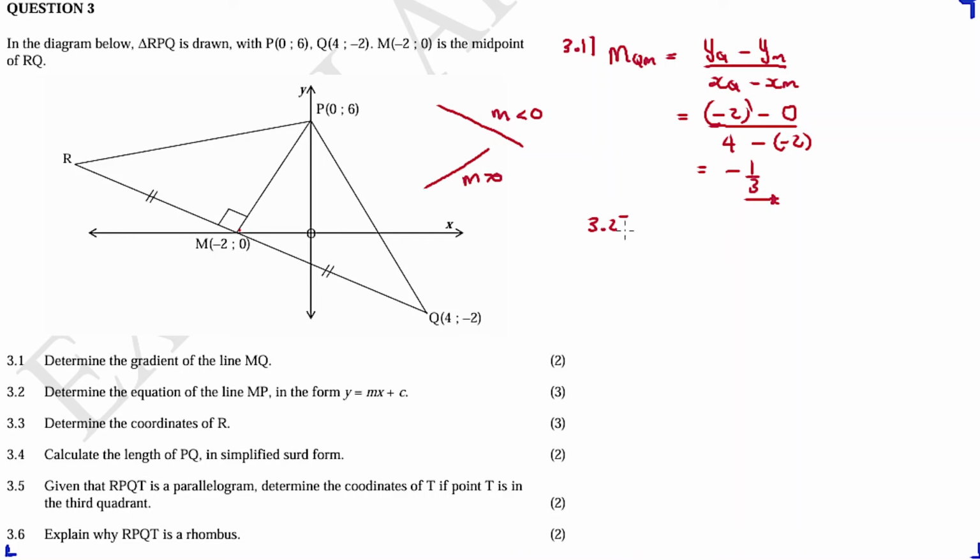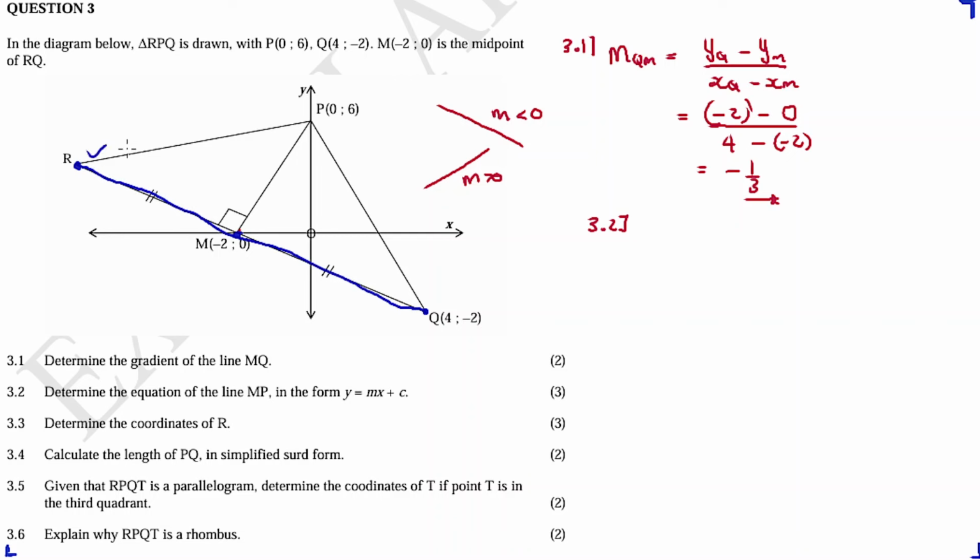Then 3.2, determine the equation of the line MP, in the form y equals mx plus c. Before we continue, I want to mention something. R, M, and Q are points lying on the same line.